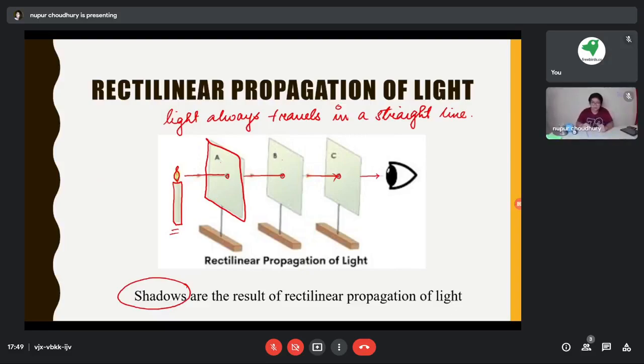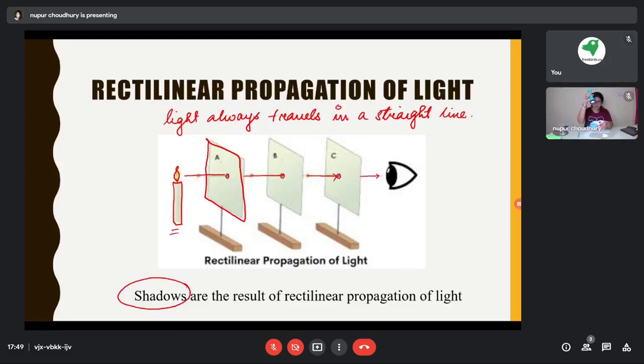Okay, so now if I'm considering a ray of light, in order to show you the concept of shadows. As I've already mentioned, light travels in a straight line.